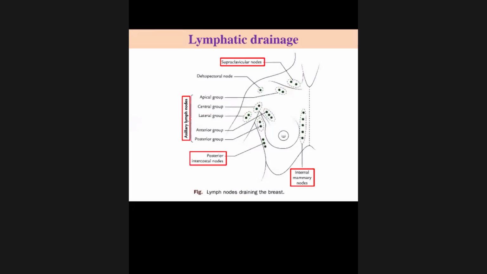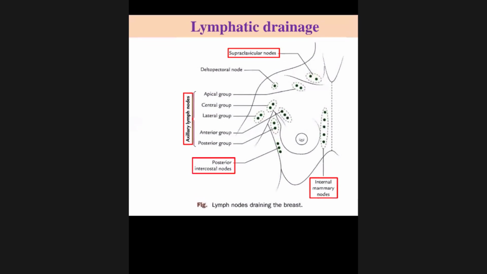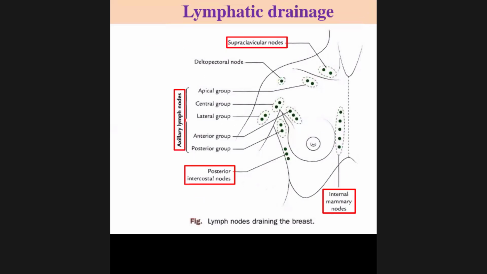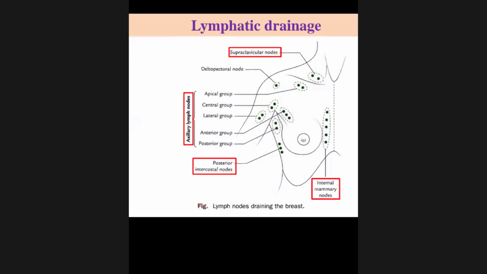In lymphatic drainage, there are four kinds of lymph nodes. One is the internal mammary lymph nodes. The major lymph node for the mammary gland is the axillary lymph nodes. The axillary lymph node is the major lymph node which drains the lymph from the mammary gland.